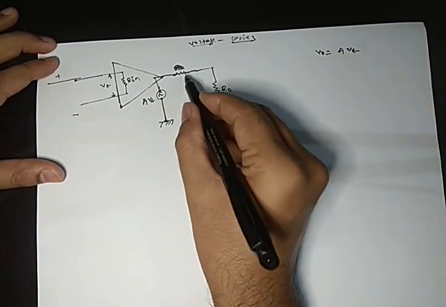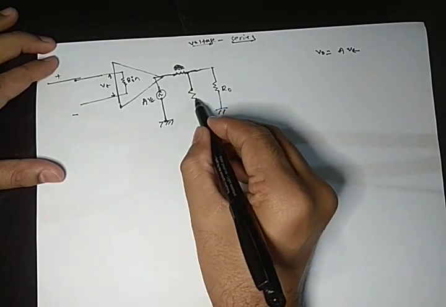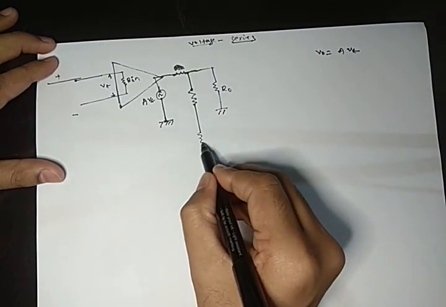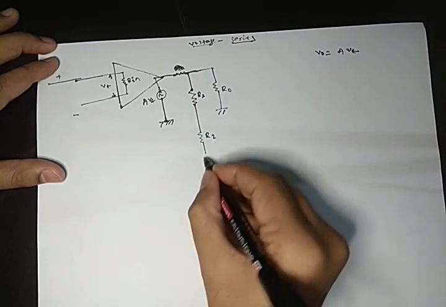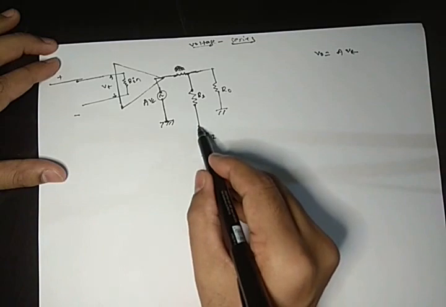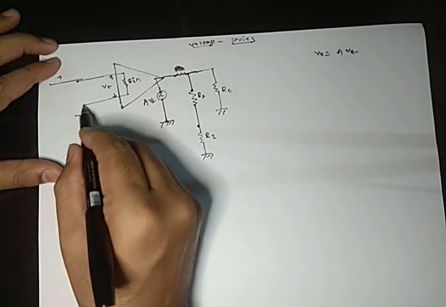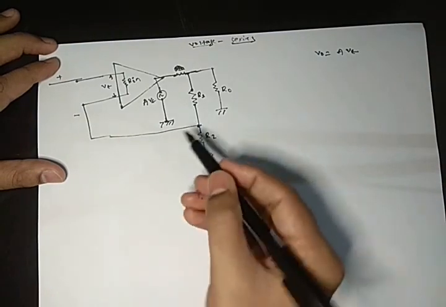Now this is being tapped. Now we will tap it by some resistive network. This is your R1 and this is your R2. From here we are supplying it to the negative terminal.